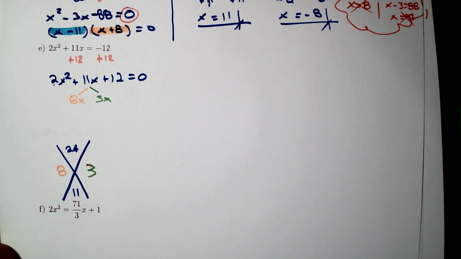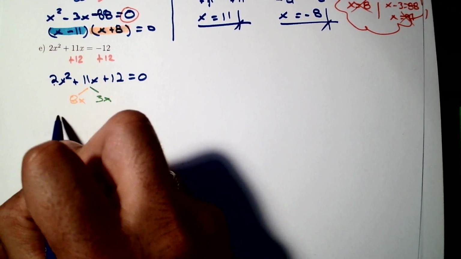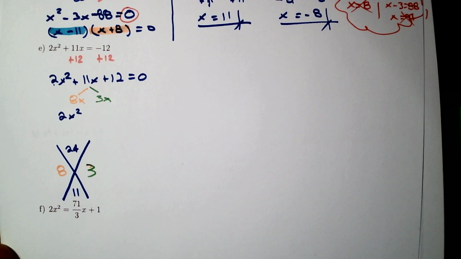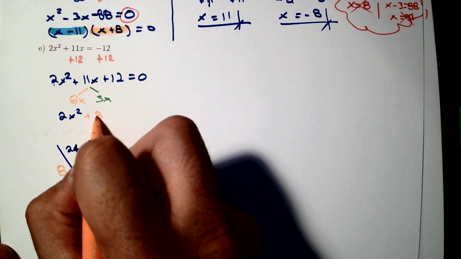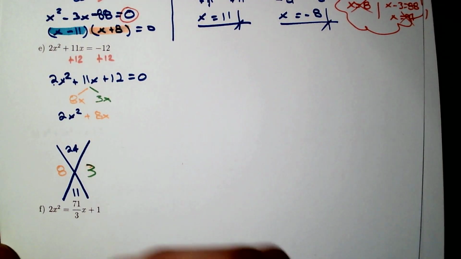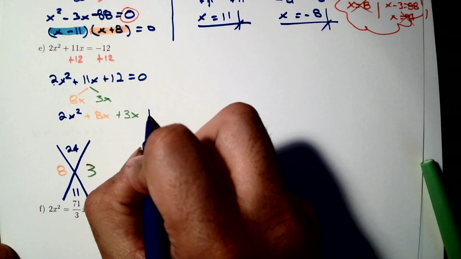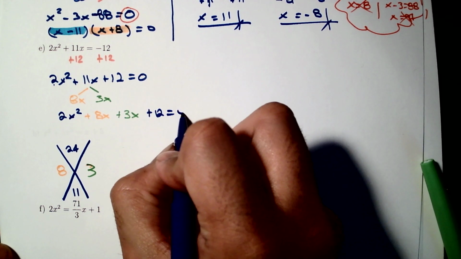Okay. So in this case, we're going to have the following: 2x squared plus 8x plus 3x plus 12 equal to 0.